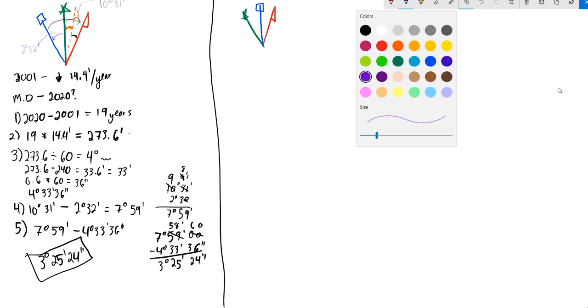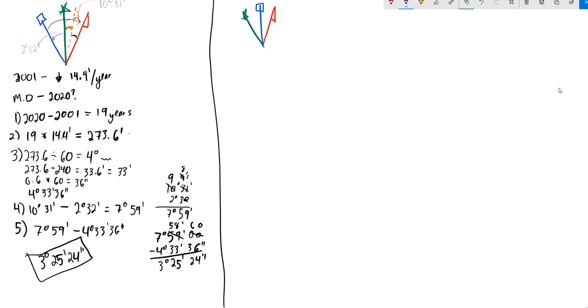So go in here, my purple. I'm going to use the same locations for the colors just so that you can visually see the different colors. So my convergence angle from my true north to my grid north, let's say that is 1 degree 57 minutes. Okay, so that's that one.